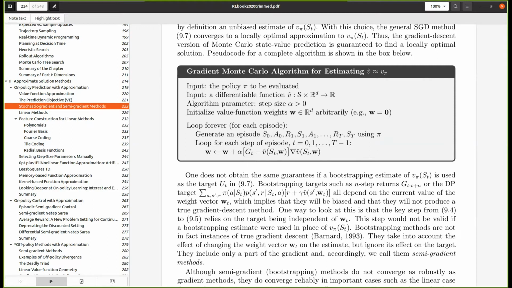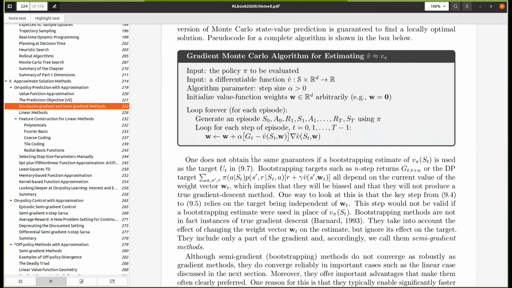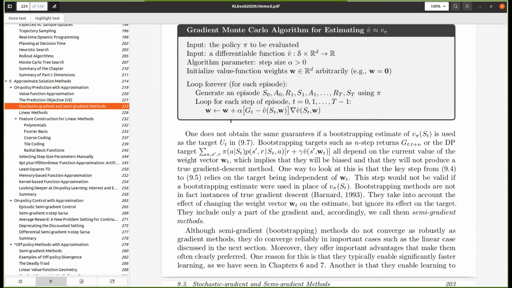Therefore, we just have a bunch of independent samples of expected returns for each episode, and the expectation would be an unbiased estimate of the true value function. And here is our update for the weights of our function under the Monte Carlo algorithm for estimation.